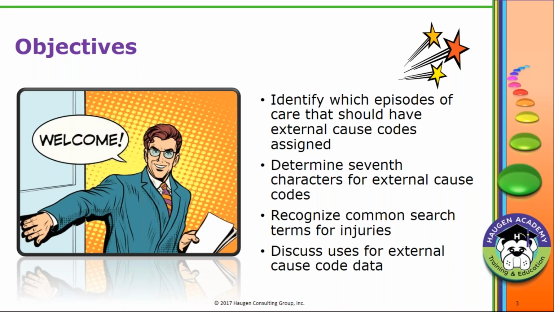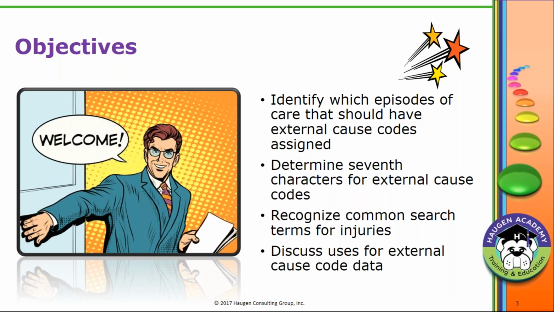So the things that we're going to go over today, first of all, we have kind of a comic book superhero theme today. I thought that that went well with our external causes. And we are going to talk about some of the basics, go through some of the coding guidelines. We'll talk about seventh characters a little bit. We will also talk about some of the common search terms for these external cause codes, because I know that a big part of the problem is how to find the code.